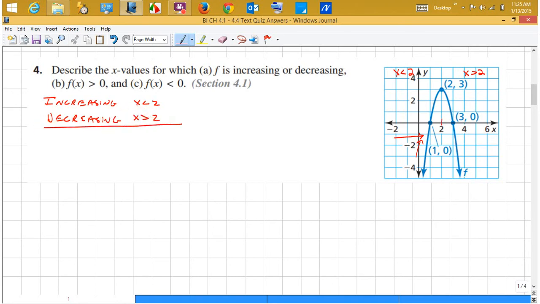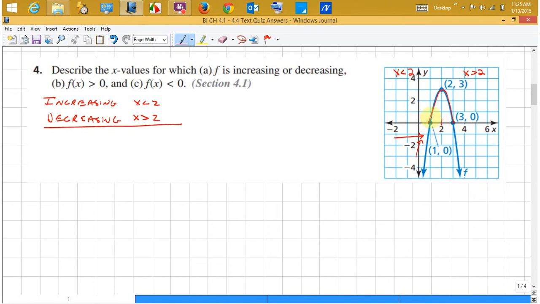Okay, now the next part is saying to state the x values where y would be greater than 0. So we can see that y is greater than 0 for this area right in here. This is where the y value is greater than 0, and the x values that correspond to that. Now, because it's not greater than or equal to, these are like open dots.